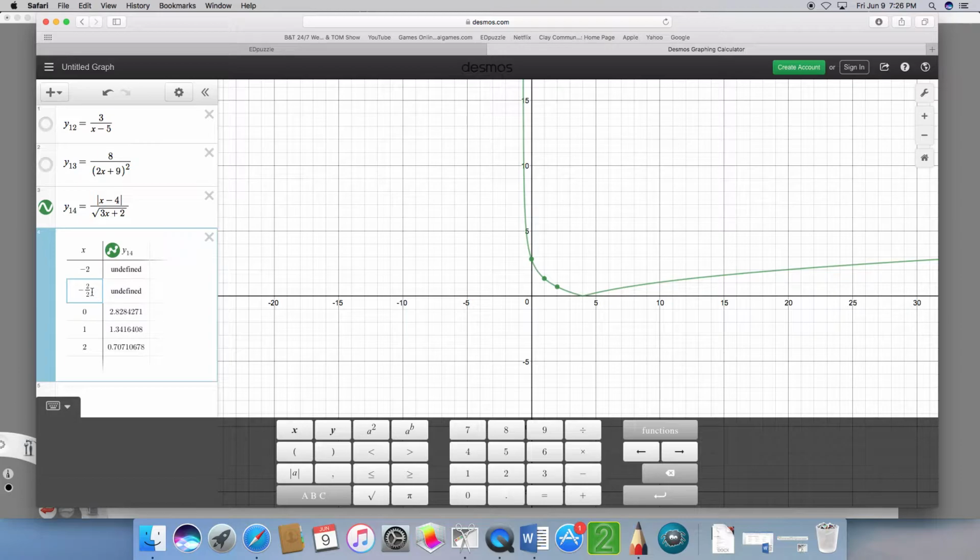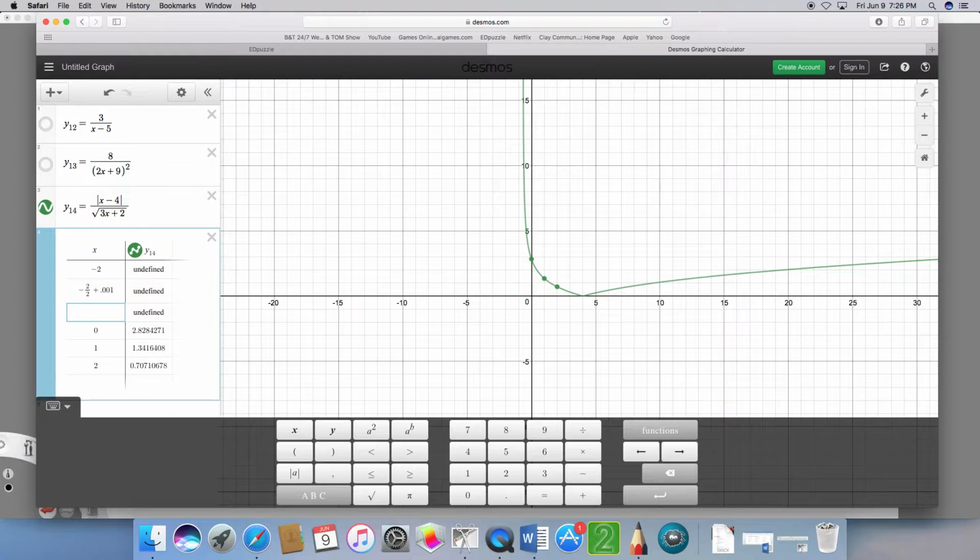So if I had negative 2/3 plus 0.001. No, it's not letting me do that, is it? I thought this graphing calculator would let us add some value, but it's not. All right.